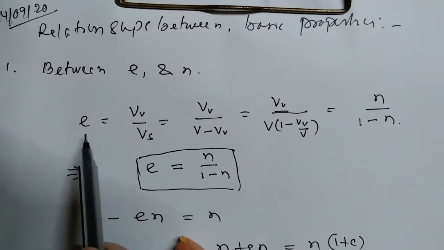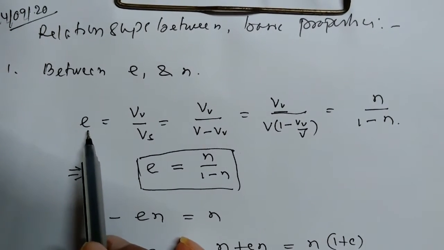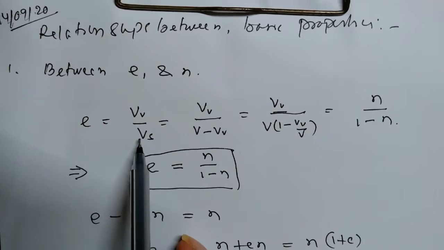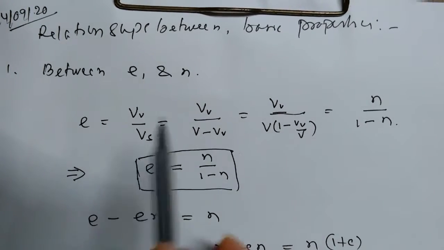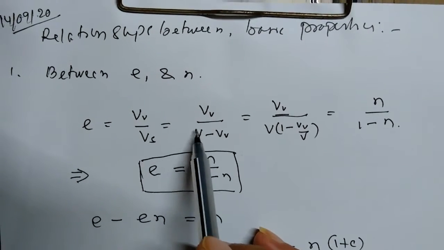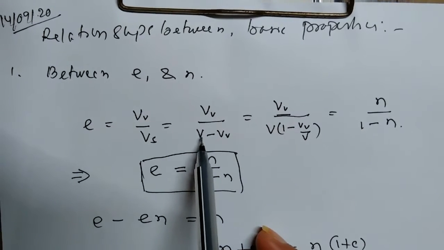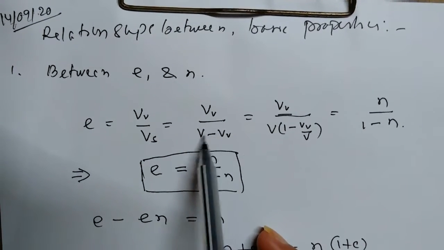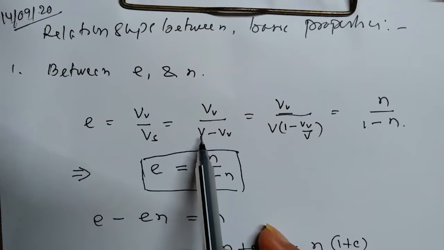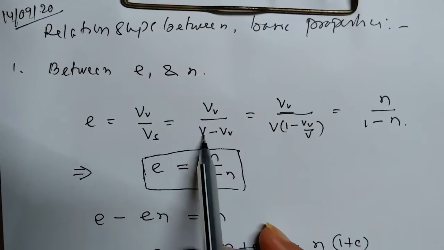So let us begin with void ratio. As you know, void ratio is Vv by Vs. Now Vs in the denominator can be written as V minus Vv, because V is equal to Vv plus Vs. So Vs will be V minus Vv.